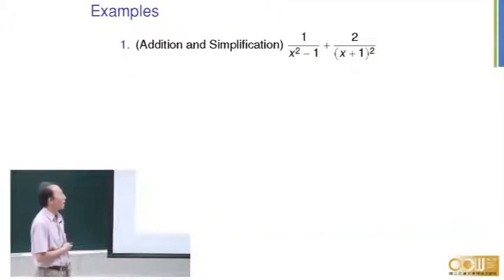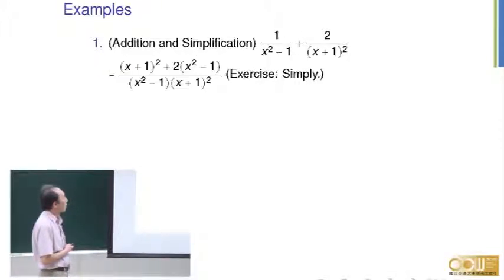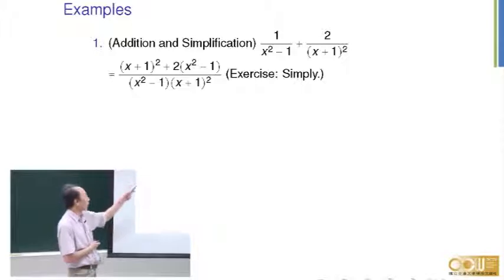For this one, we try to add 1 over x squared minus 1 plus 2 over x plus 1 squared. The easy way is just to multiply to get a common denominator.